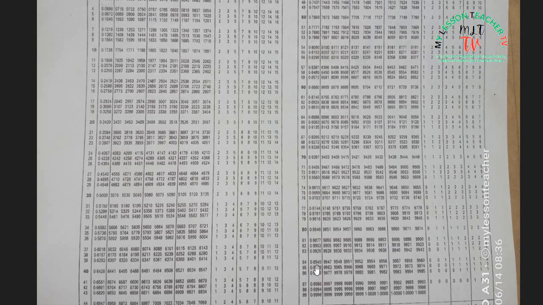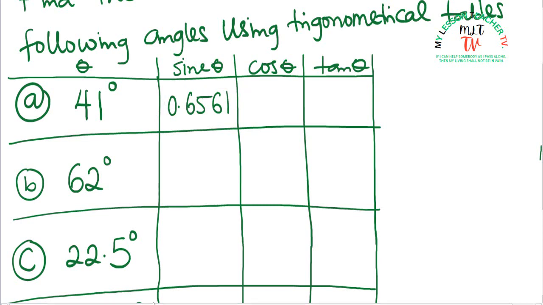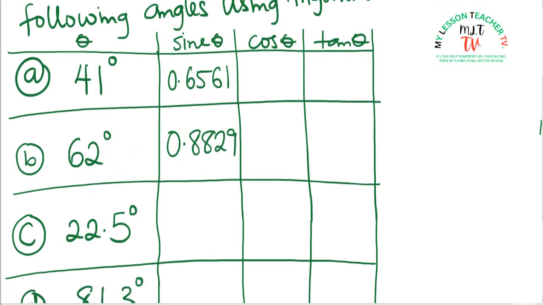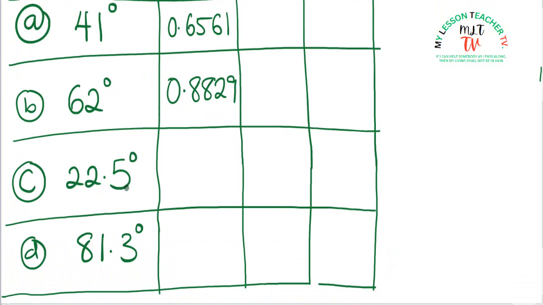That is to say that the ratio of the opposite side to the hypotenuse when the angle is 62 degrees is 0.8829.